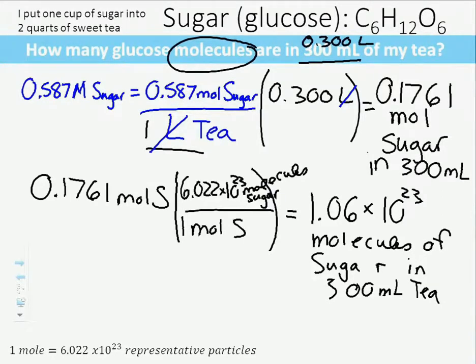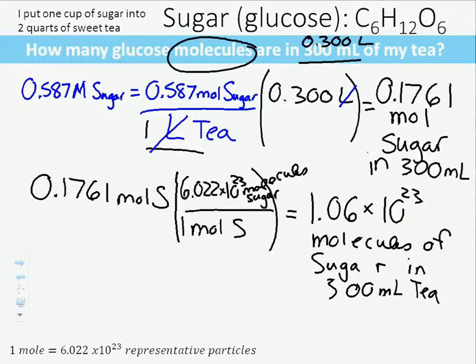It is important to note that we have done the same types of conversions. So we've used Avogadro's number, we had to use our molecular weight to get to molarity, and then this top line is simply thinking about what's going on. So what does it literally mean when we have 0.587 moles per liter? If you think about it, is 0.3 less or greater than a liter? It's less than a liter.